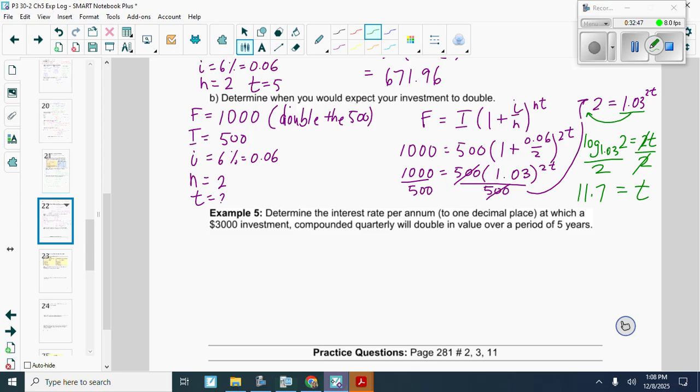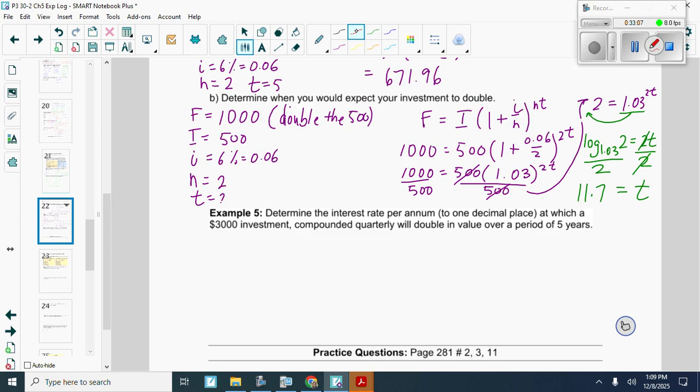One final thing. We're going to round up to the nearest year, because in order to double it, would we be doubled at 11? No, we wouldn't, because it would be 11.7, so we have to be more.